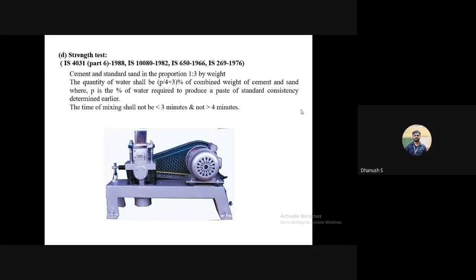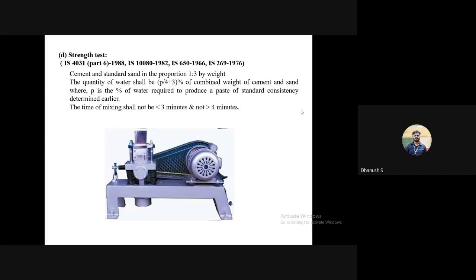When I say mortar cube, you know what mortar is: cement plus sand. Here it needs to be a specific kind of mortar. To do any strength test in the concrete technology lab, we need to cast cubes. In this case also we cast a cube, which is 70.6 mm by 70.6 mm by 70.6 mm, so a cube with an edge size of 70.6 mm.